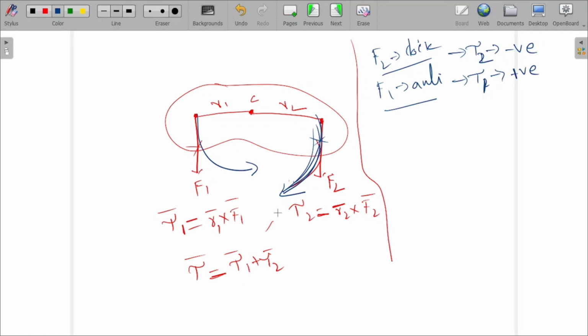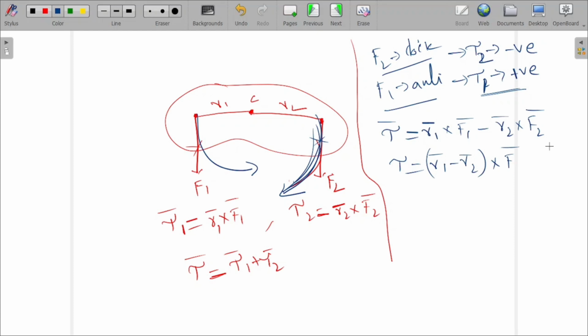So from this, torque tau equals R1 bar cross F1 bar, as it is taken as positive, minus R2 bar cross F2 bar. If equal forces are acting, then torque equals R1 bar minus R2 bar cross F bar.